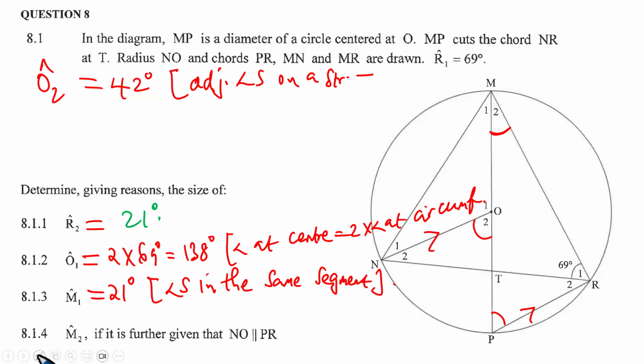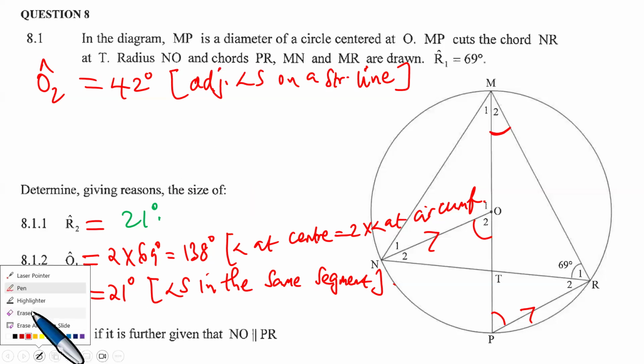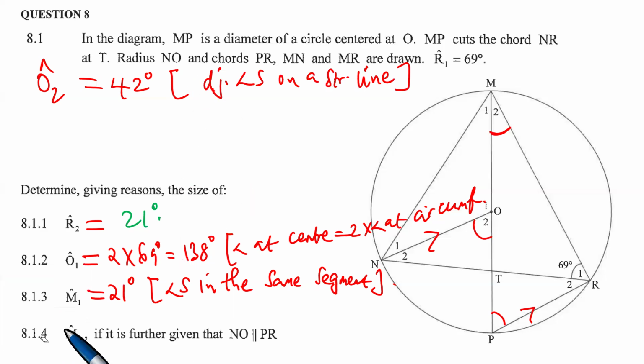Adjacent angles on a straight line. So O2 is 42 degrees.